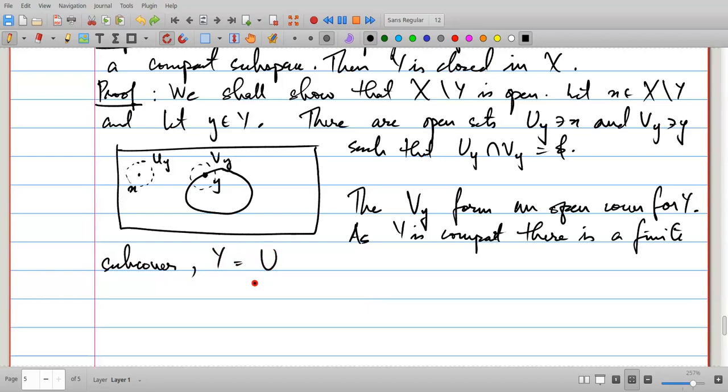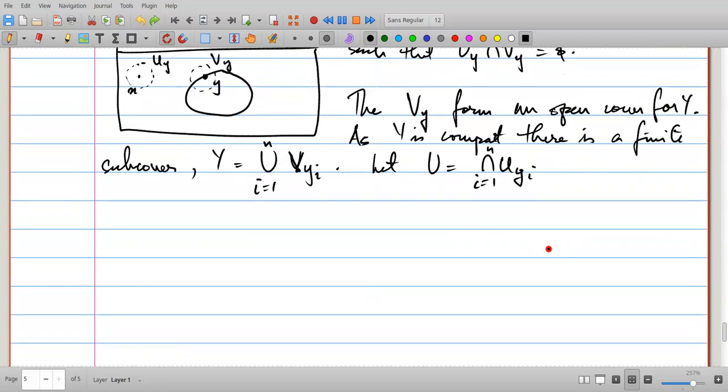So we can write Y as the union over i equal to 1 to n of Vyi. So we let U be equal to the intersection of Uyi. Okay, so this is i, not j. So clearly U is open and contains x.